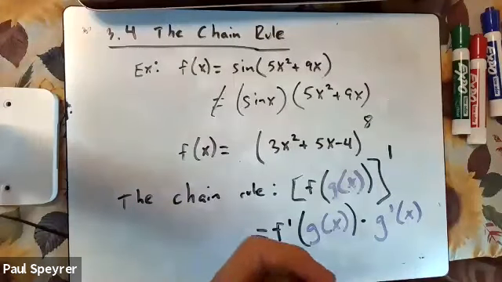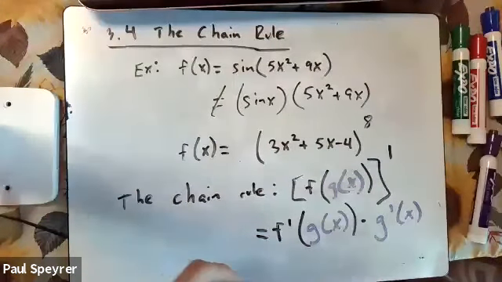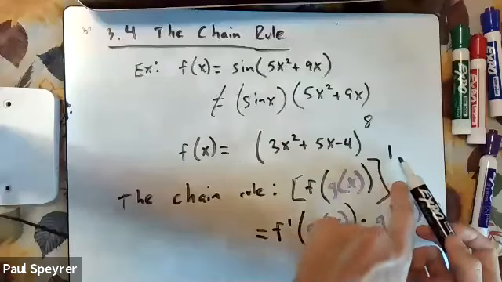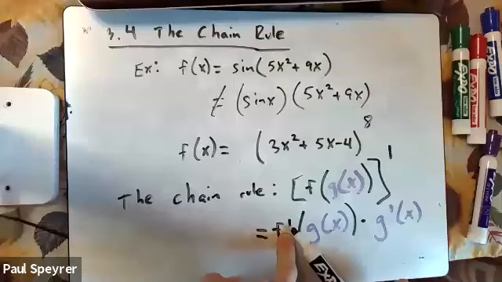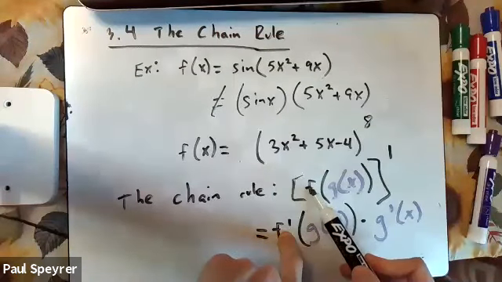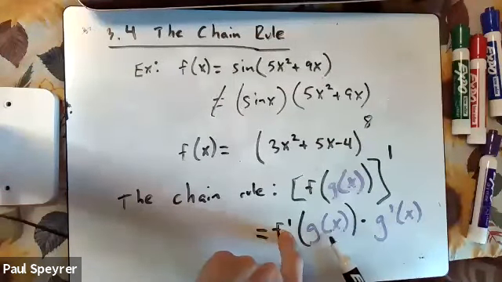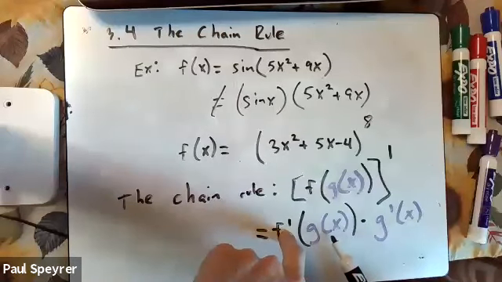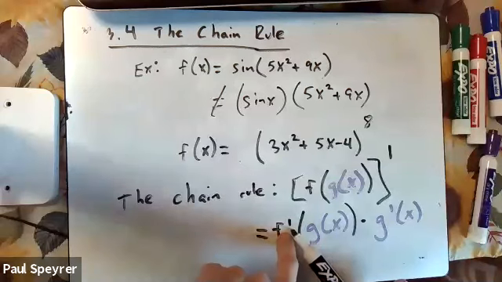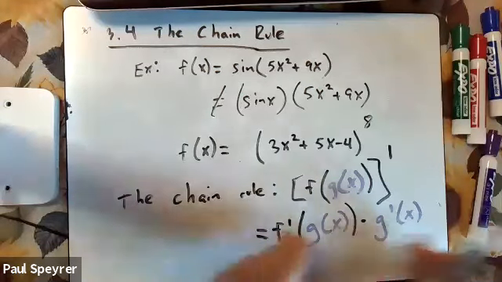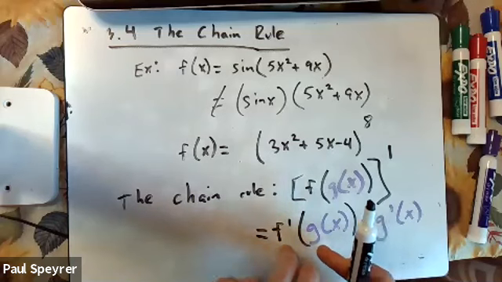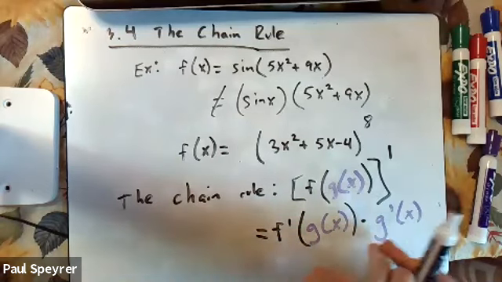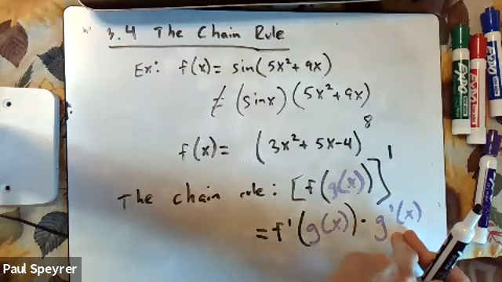So what happened right here? Basically, with the chain rule, we derived the outside piece first. You notice I just took the derivative of f, but I still kept the purple stuff as it was. I didn't do anything to it. I still kept it inside. So you derive the outside function first, you leave everything else alone. Then once you're done with that, you move to the next inner piece. Then I had to derive the inside portion.